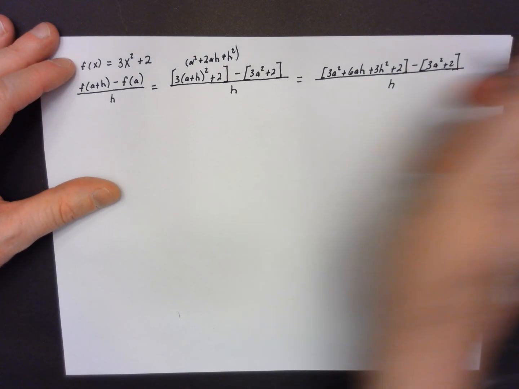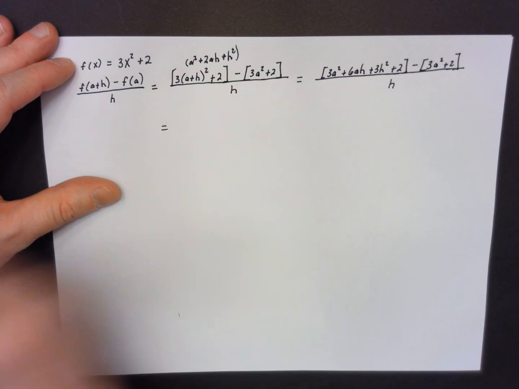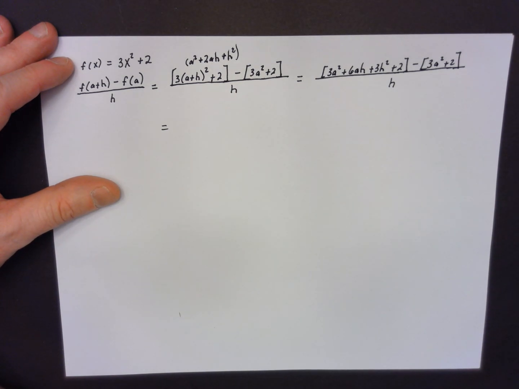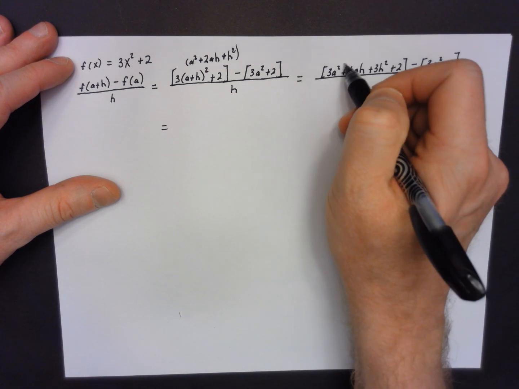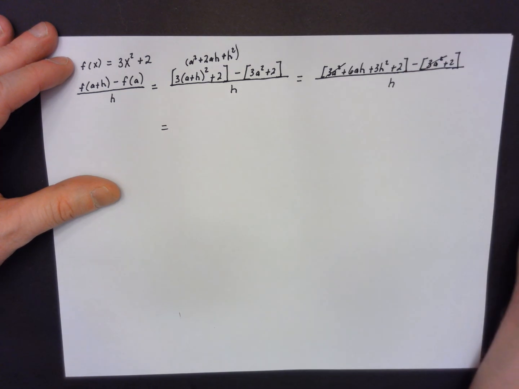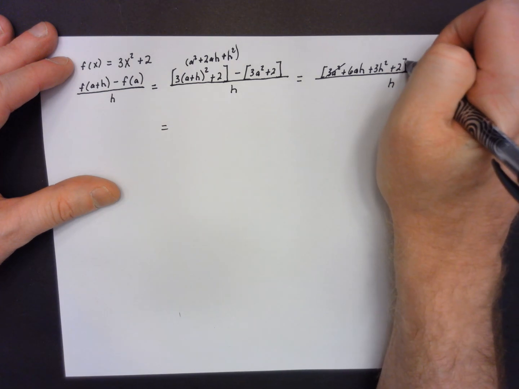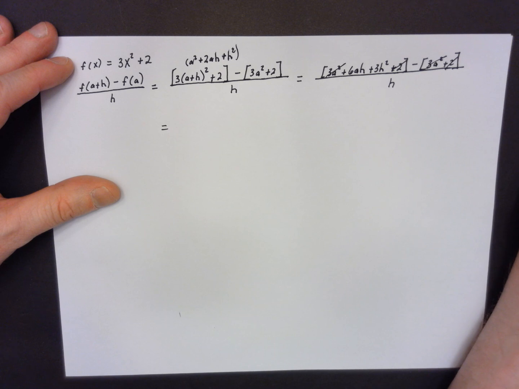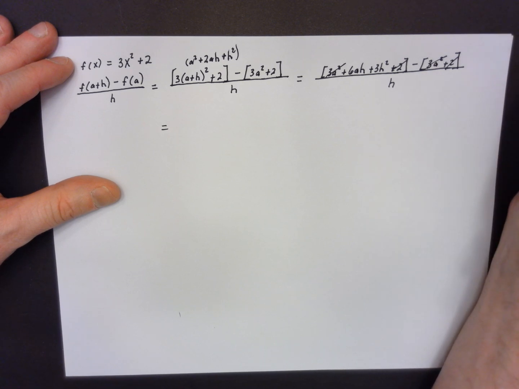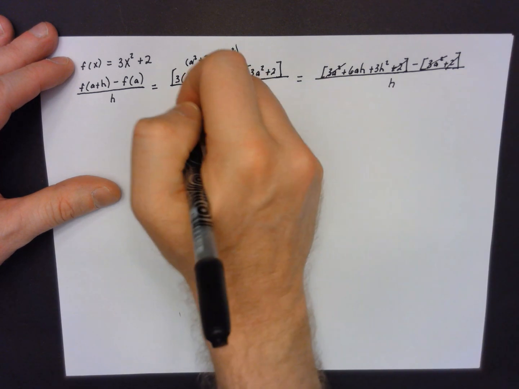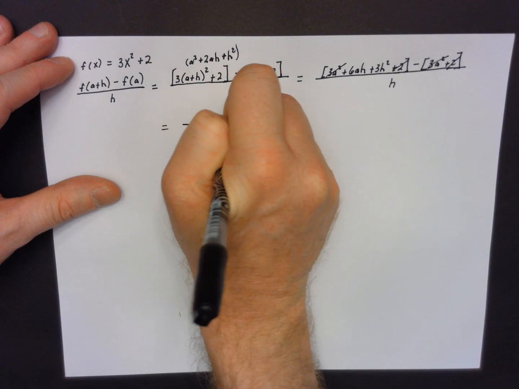Now, whenever we try to simplify this, in my numerator, please notice, any term that can be canceled out must be canceled out. The 3a squared minus 3a squared cancels. The 2 minus 2 cancels. Now, every single term that's remaining in the numerator will always have a factor of h left in it. So I'm so confident I can factor out an h every single time.